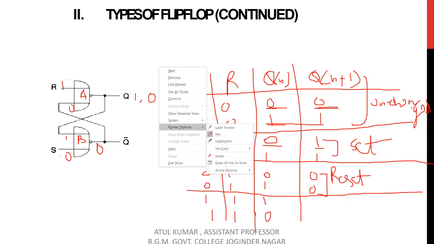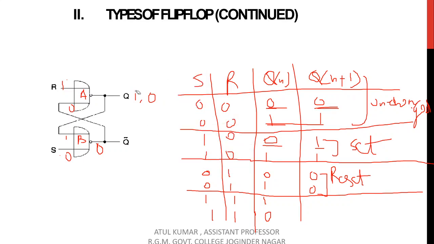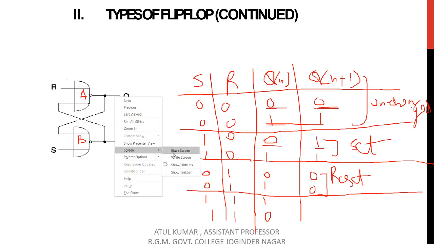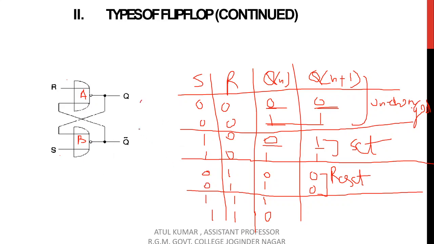Now let us see what will happen if both S and R are set to 1. So here both S and R are set to 1. This means that we can see if one of the input values in case of a NOR gate is 1, its output is always 0.